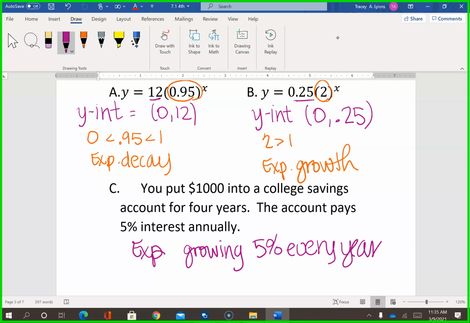And the y-intercept on this one is basically how much did you put in there at the beginning. Okay, so your y-intercept on this one, or where did you start, is 0, $1,000. So still kind of easy to do. They don't really give you any other numbers, so they shouldn't be too bad when you're just deciding what kind it is.